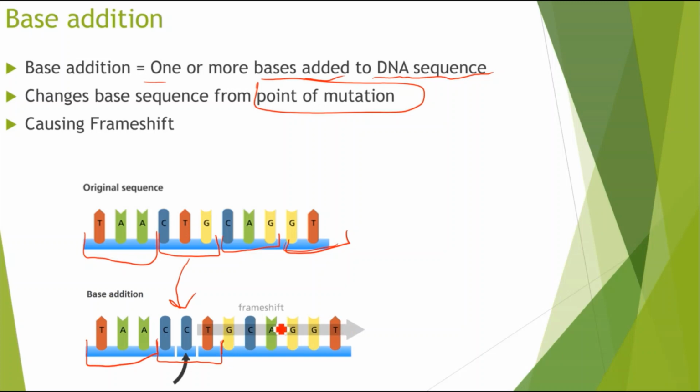All of the base sequences from this point of mutation are different now. We had that CAG, so now that's turned into GCA, and we have GGT, which will also be different. So as you can see, this has caused a frame shift again. It's caused all the bases to basically move to the right.